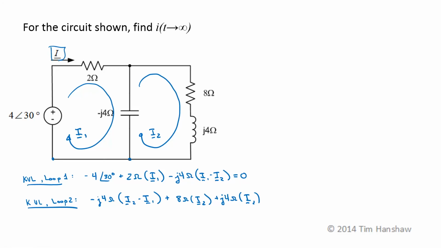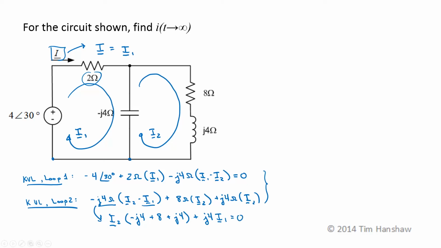And now solving for I, the only mesh current through this 2 ohm resistor is I1, so the current we're looking for, I, is just the same as I1. So it's probably going to be easiest if I solve these two equations for I1 and then just use that as my answer. So let's rearrange this equation. Loop 2 becomes I2 times a minus J4 ohms plus 8 plus J4 ohms, plus minus J4 ohms times a minus I1, which is going to be plus J4 times I1.